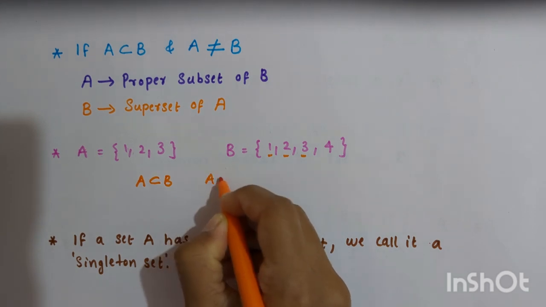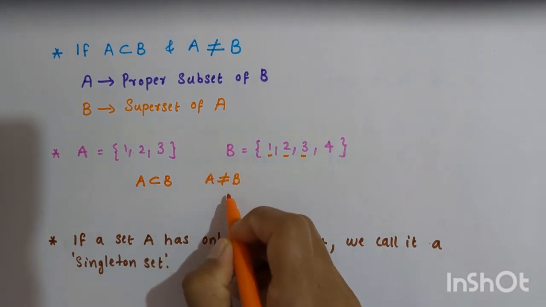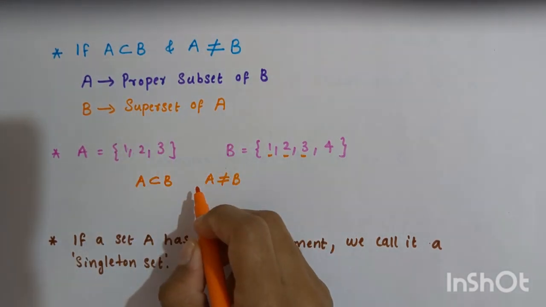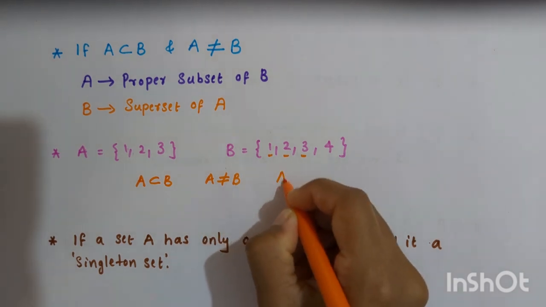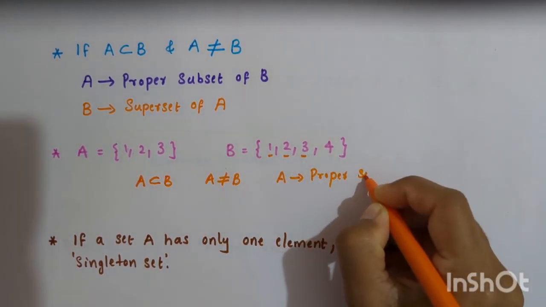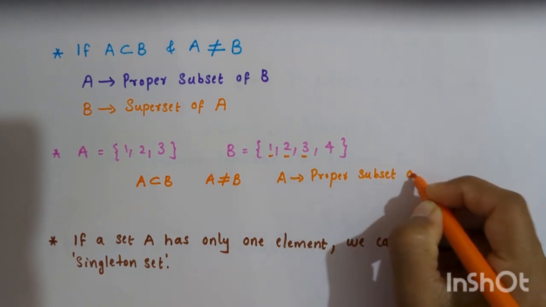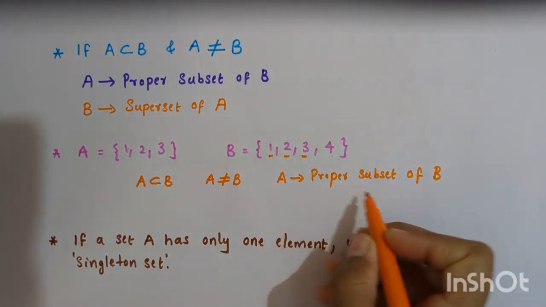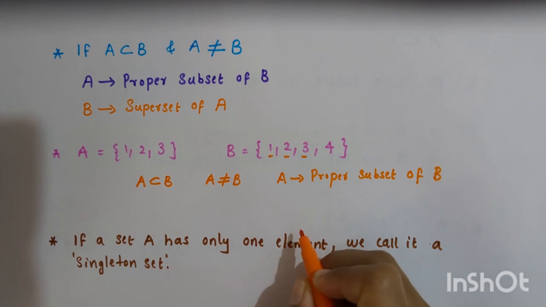So A is actually not equal to B. So this condition is satisfied. So here we can say that set A is the proper subset of set B.